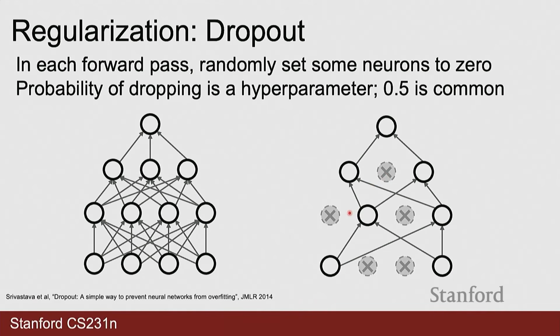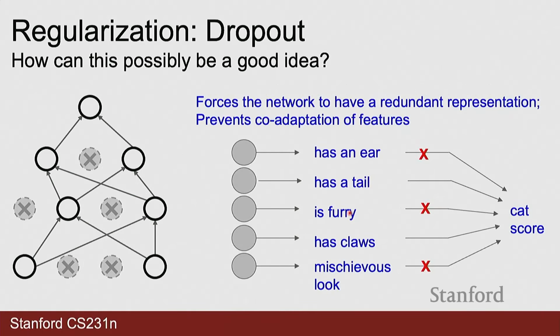In general, you might ask, why does this work? I would say this is more of an empirical thing than something well studied from a theoretical standpoint. But there are some ways you can view what dropout is doing to gain intuition of why it might be useful. You can imagine it forces your network to have redundant representations.